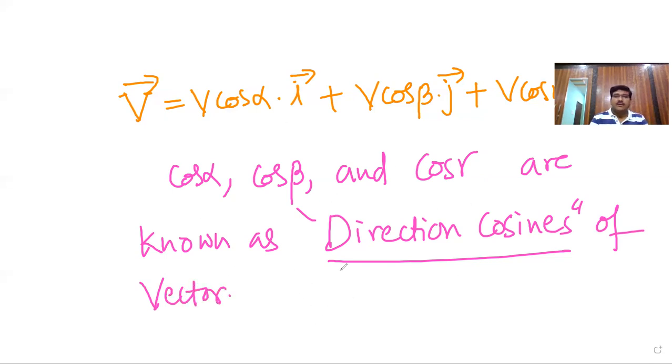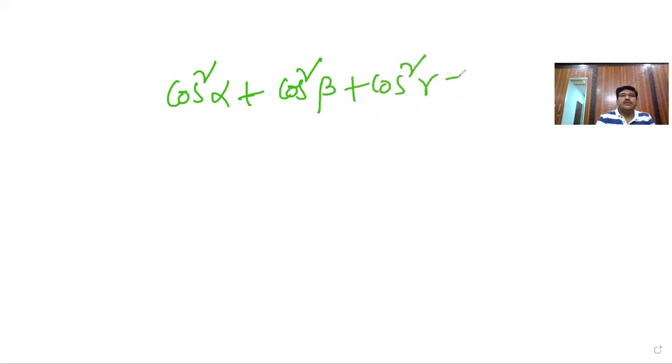Cos alpha, cos beta, cos gamma are known as the direction cosines of the vector. Clear? There is a simple fundamental aspect about the direction cosines: cos square alpha plus cos square beta plus cos square gamma is equal to 1. Clear?